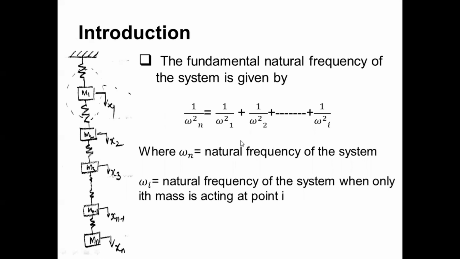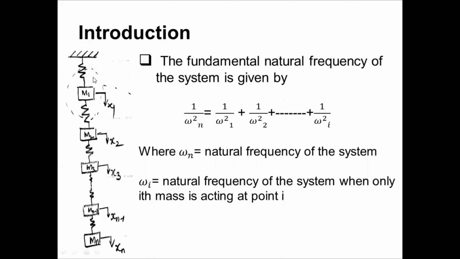The Dunkerley's method formula for calculating the fundamental frequency of an n degree freedom vibration system is given by this relation, which is 1 by omega n square is equal to 1 by omega 1 square plus 1 by omega 2 square plus so on and so forth 1 by omega i square, where i value can vary from 1 to n.